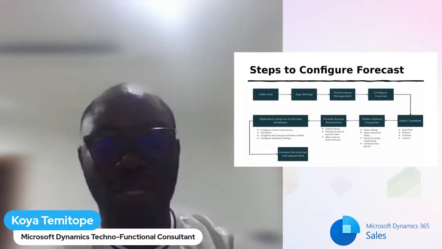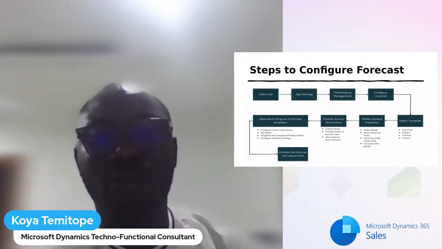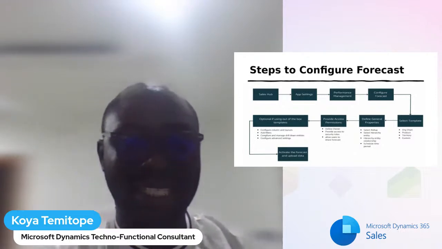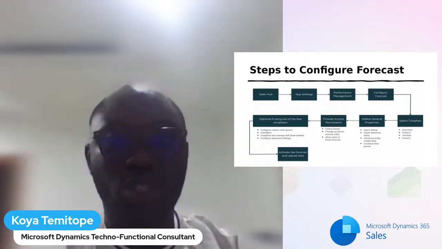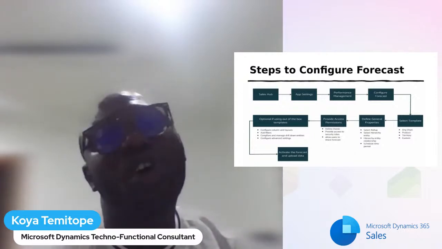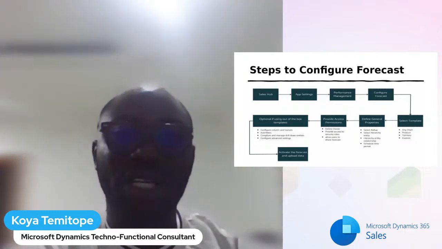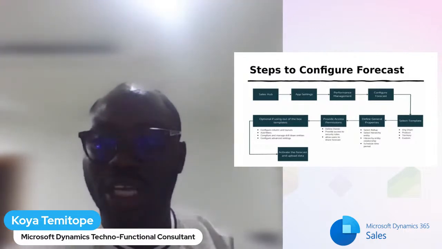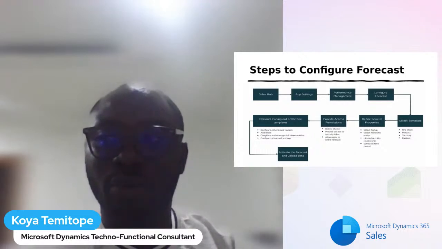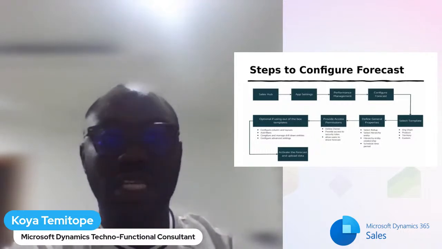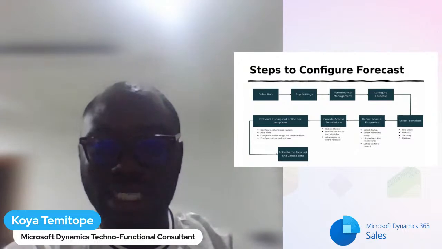So let's quickly move forward. The next slide talks about the steps to configure forecast. The first step is to log into the application and identify my Sales Hub. The next thing is to go to the app settings.